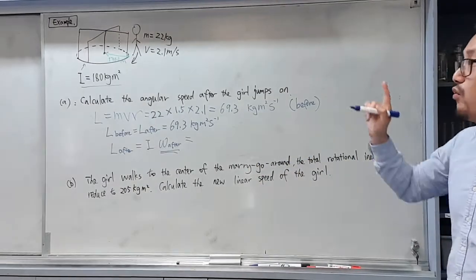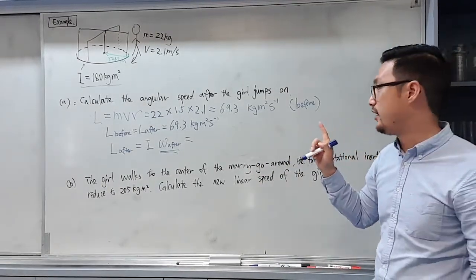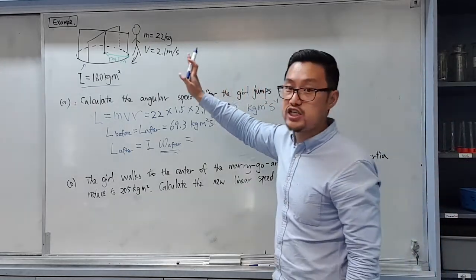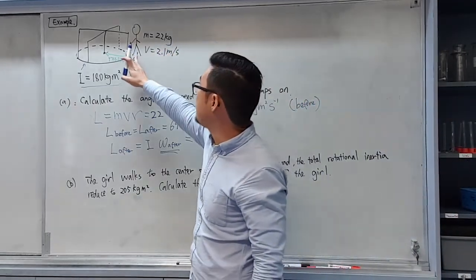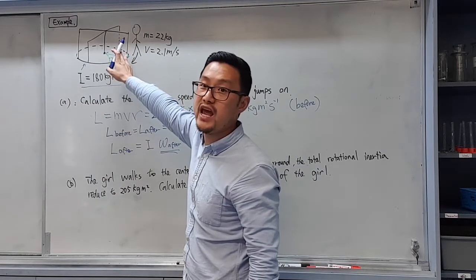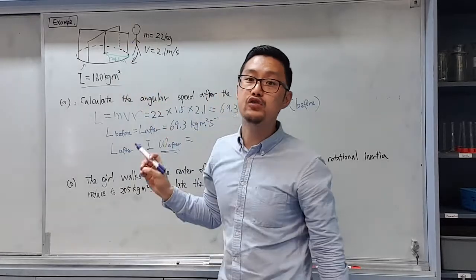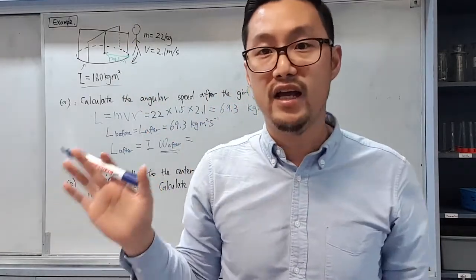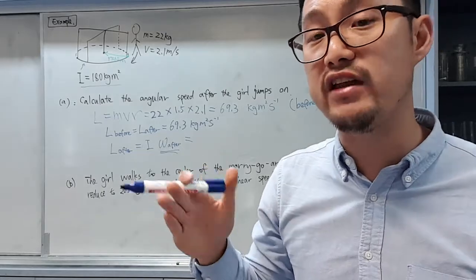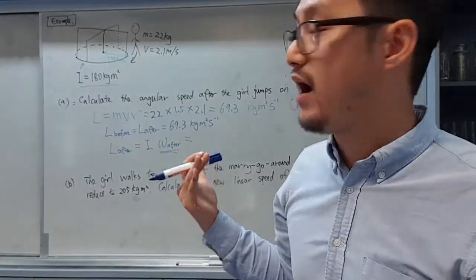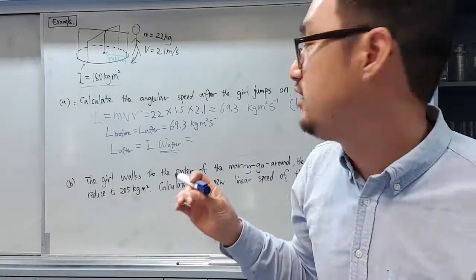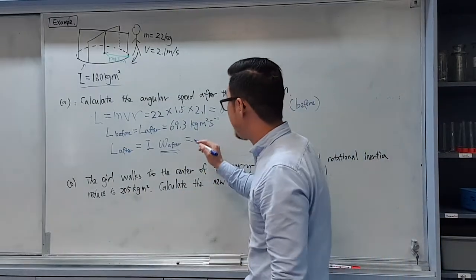So we have to add these two inertias together. The question says the girl was running just over here and jumped right on the edge as well. So we're assuming the radius did not change. If the radius changed, obviously we would change the number as well. So let's say the girl was at 1.5 meters, and when she jumps on, it's still 1.5 meters.